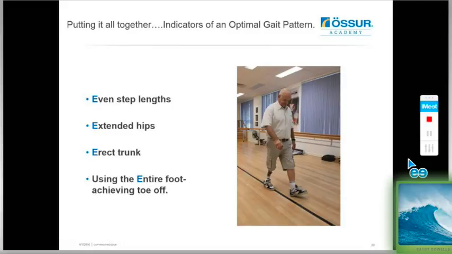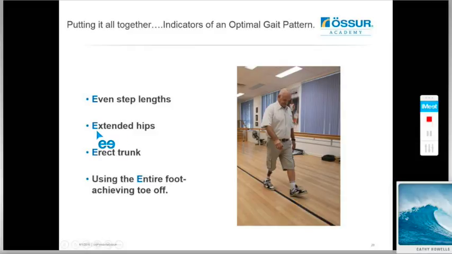So putting it all together, we've got our indicators of an optimal amputee gait pattern, which includes ease, our even step length, which will be much more even when we get better lateral pelvic shift and weight bearing through the prosthesis to allow time for a better swing phase of the intact leg.